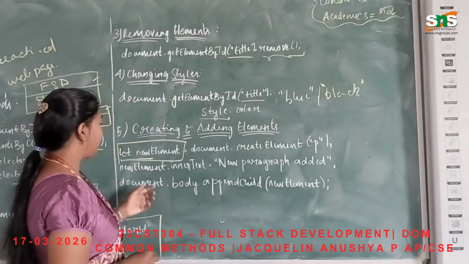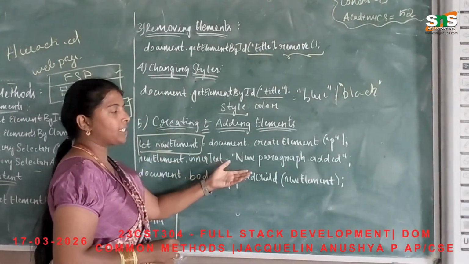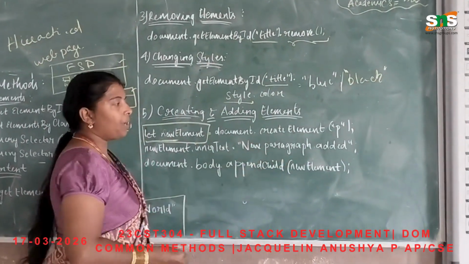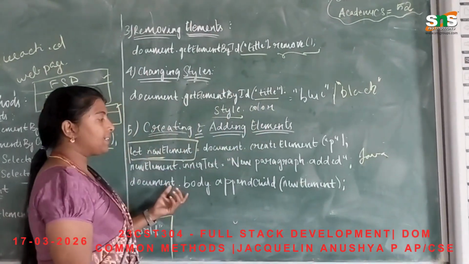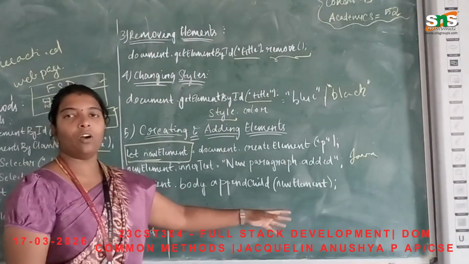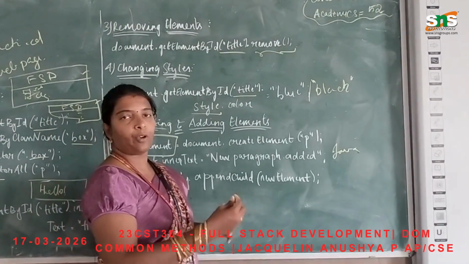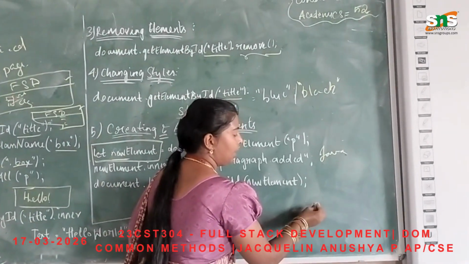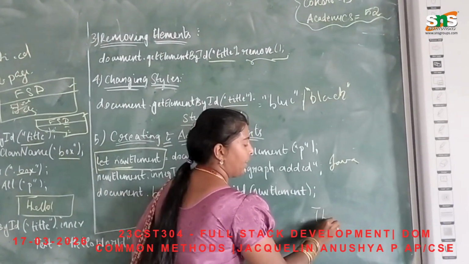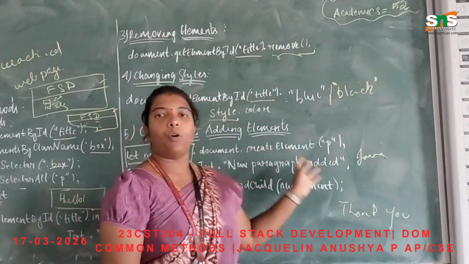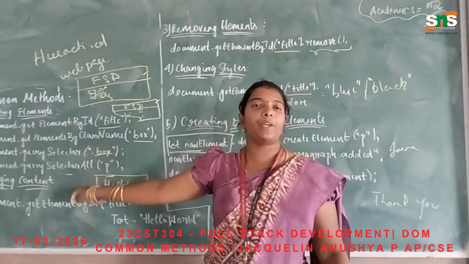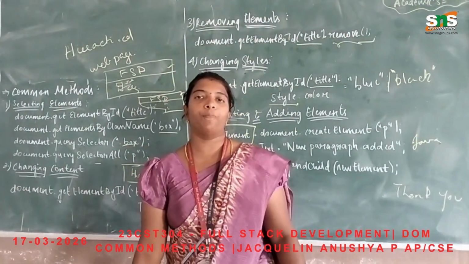In that paragraph I can give the inner text, which may be Java basics fully, so it can be added. And next is the end of the paragraph. If my courses are completed, it will be given as thank you. By this I can modify my elements by using the common methods of DOM. So thank you.